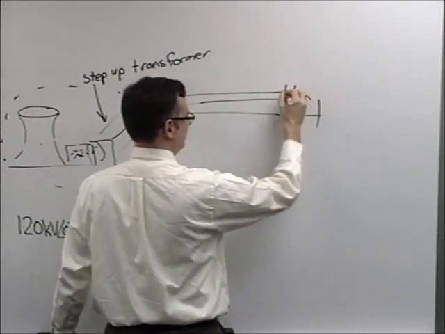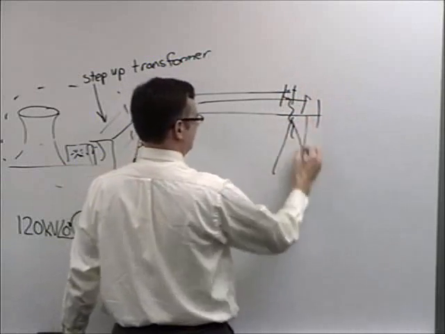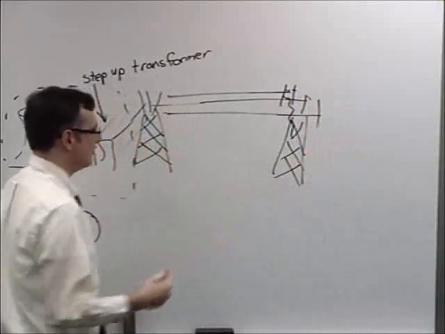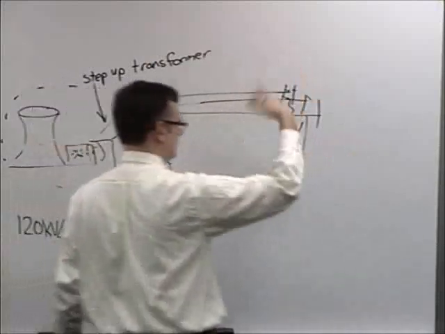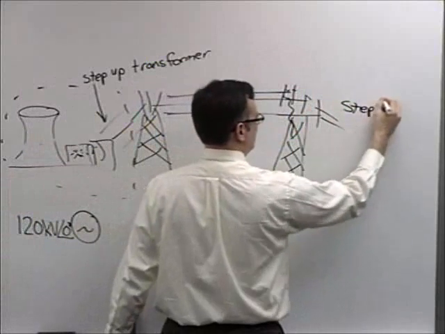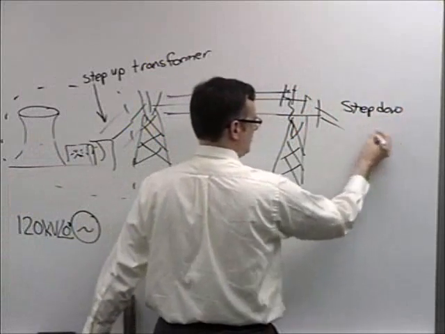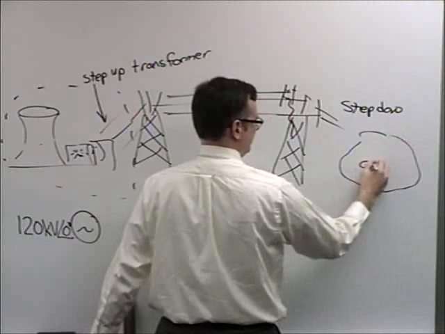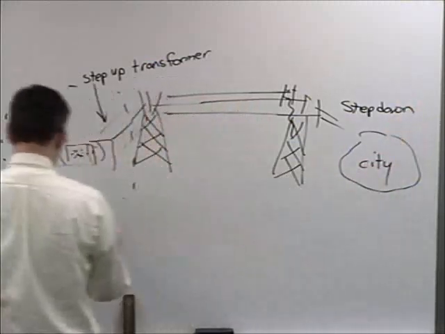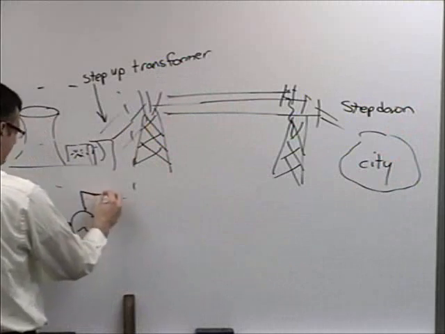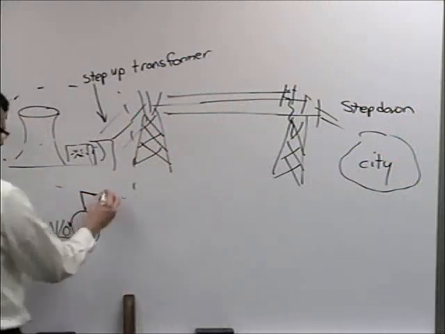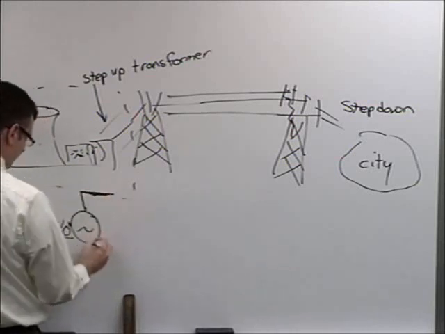So then, you go on this transmission line that's very high impedance, so that you're carrying lots of voltage, little current. And then you step down to a load, which could be a neighborhood or a city. So let's see. This guy I'm just going to model as a 120 kilovolt source.